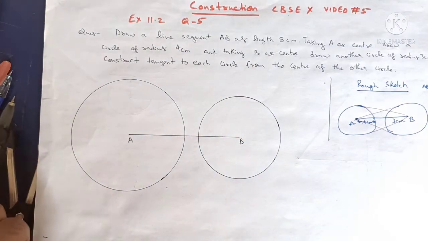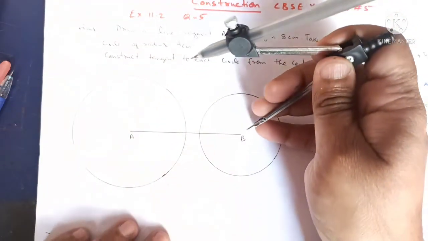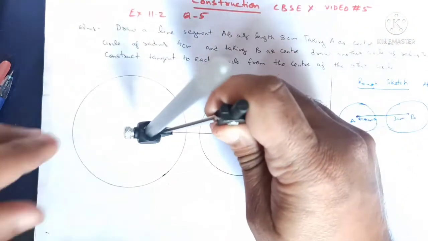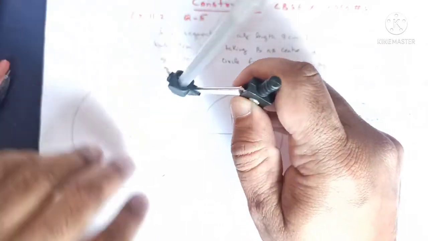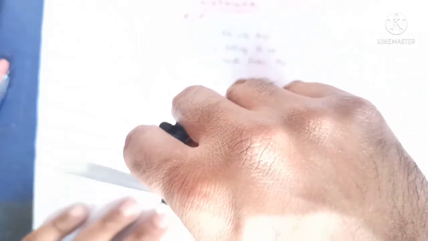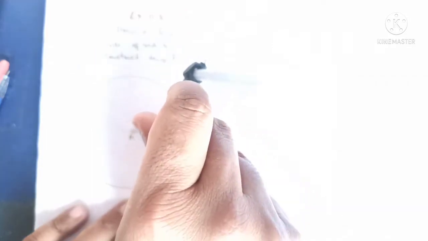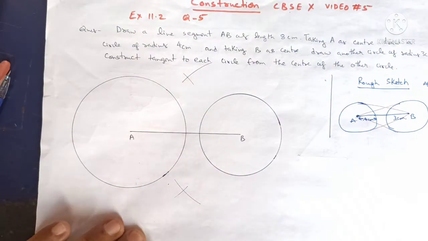We will take a radius more than half of AB. With B as the center, we will draw an arc above AB and below AB. Now with A as the center, same radius, we'll draw arcs above and below such that they are intersecting each other at 2 points.